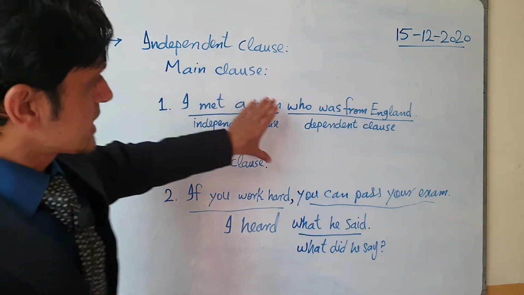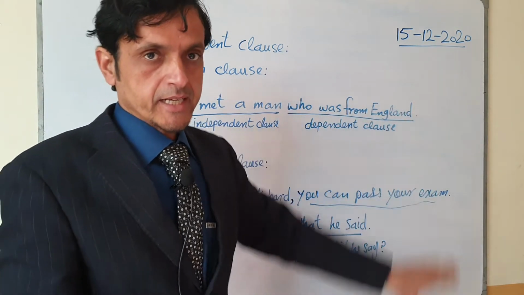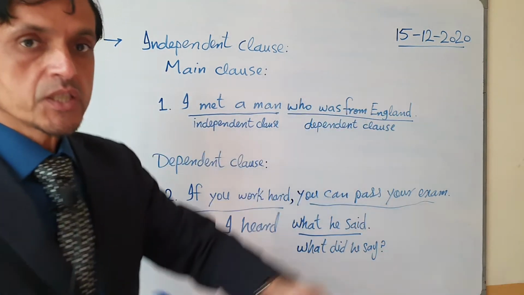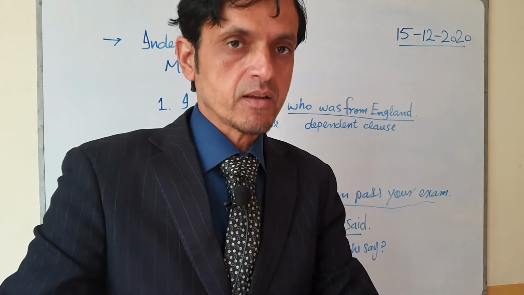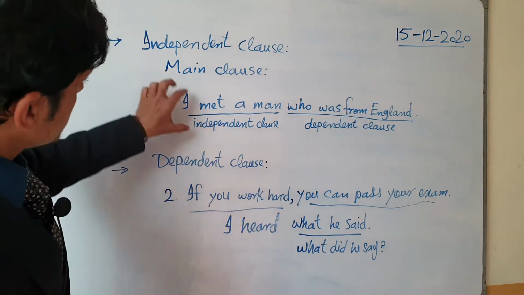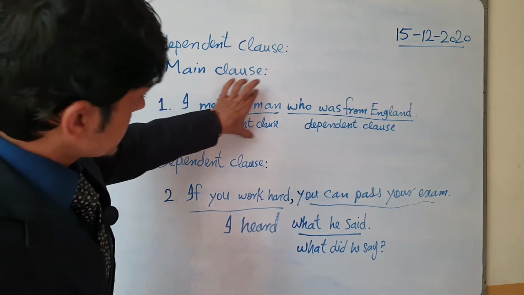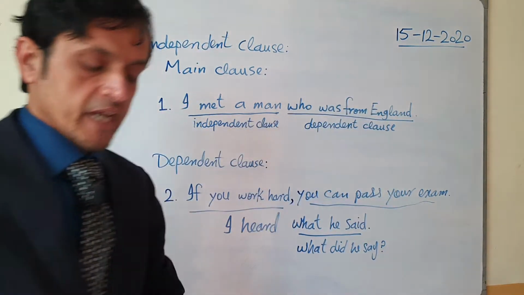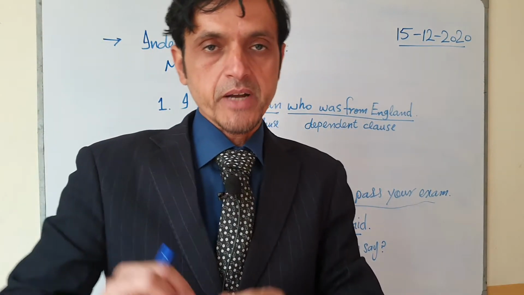So, I met a man who was from England. The main target of this structure is to make clear the dependent clause and the independent clause. So this is the independent clause and this is the dependent clause, and it is also clear from the meaning.